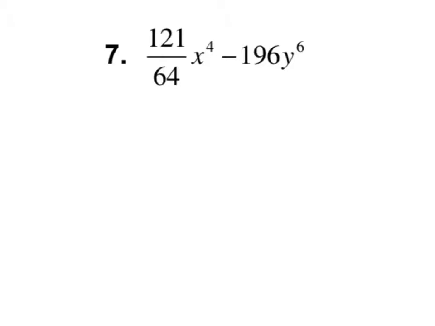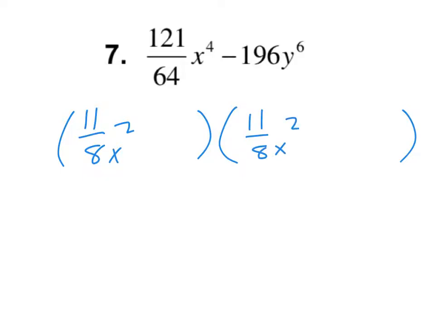So it's a difference of perfect squares. So I get 2 parentheses. I do the square root of the first, which is 11 over 8 x squared. The square root of the second, which is 14y cubed. And then we alternate the signs. One positive, one negative.